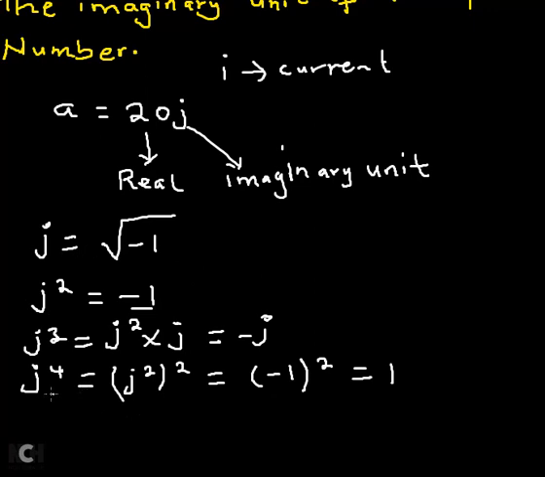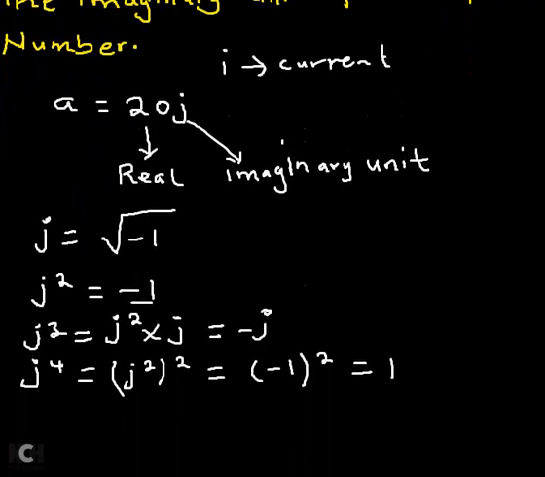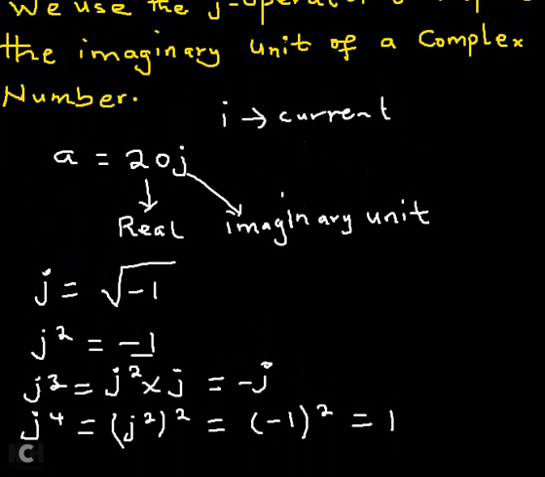Now the question is, what does J represent in alternating current? I said that J is an imaginary unit which represents the phase. Because anytime we are dealing with an alternating current, there's always a phase. The J will always represent a phase.